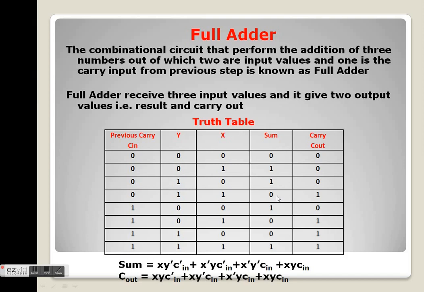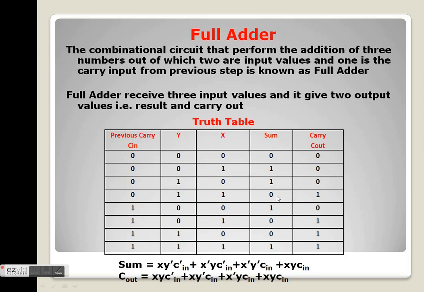Similarly, when the value of the input X is 0 and the value of the input Y is 1 and the value of the carry in is 0, then the sum will be 1 and the carry output will be 0. Similarly, if the value of the input X is 1 and the value of the input Y is 1 and the value of the carry input is 1, then in that case the value of sum is 1 and the value of the carry output is 1.